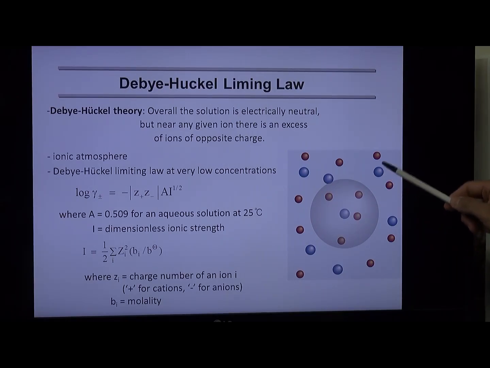Cations and anions have charges, plus charge, minus charge. And their electrostatic interactions are much larger than interactions between neutral molecules. Plus-minus interactions are much larger. So the behavior of solutions with ions is much different from ideal solution. So it's not really easy to describe the behavior of ionic solution.